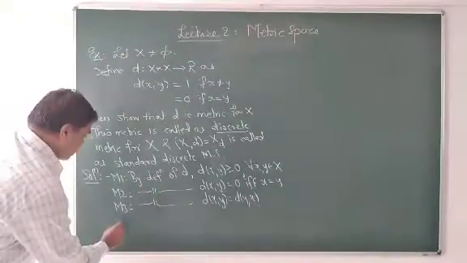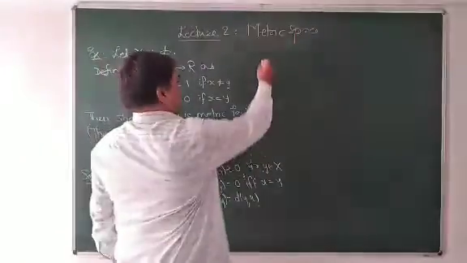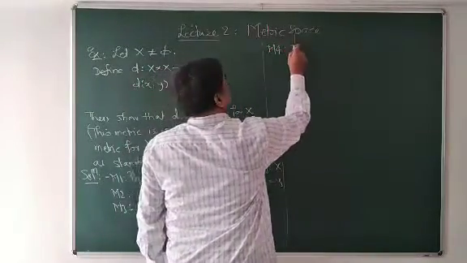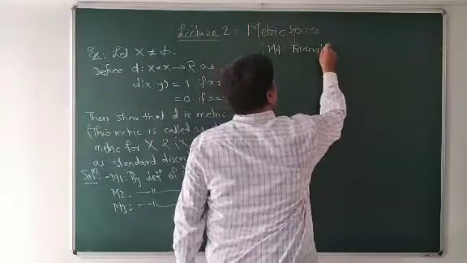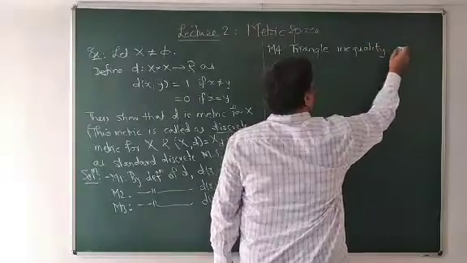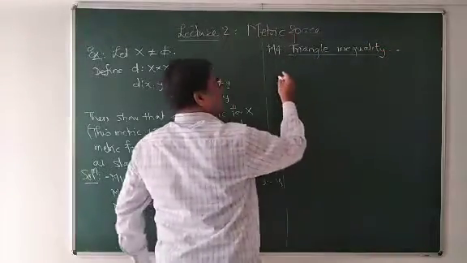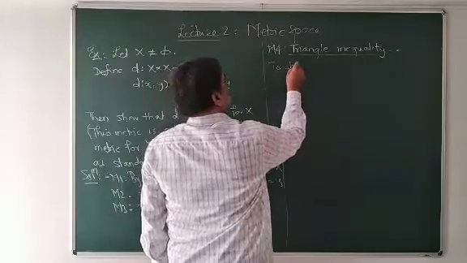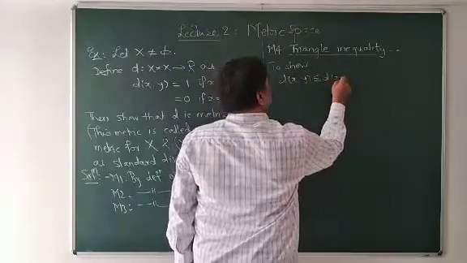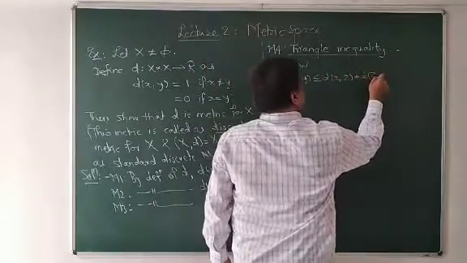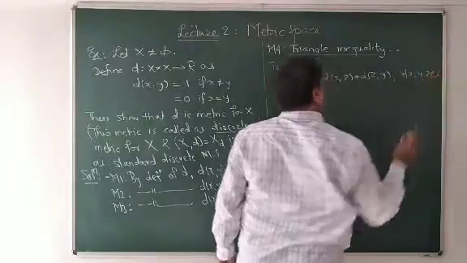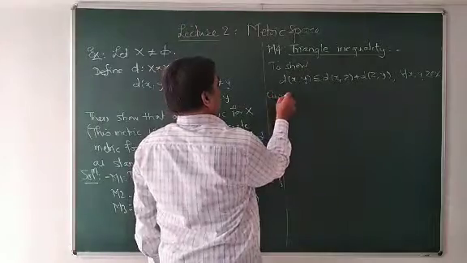Now, we have to prove the triangle inequality. To show: d of (x, y) is less or equal to d of (x, z) plus d of (z, y) for any x, y, z belongs to X. So here we have to take cases.